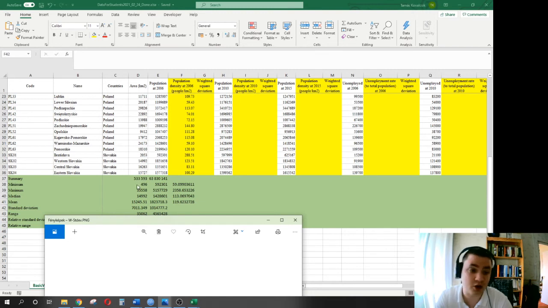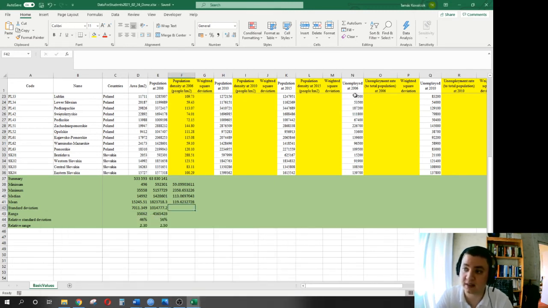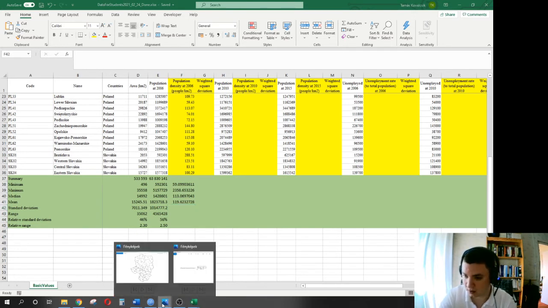So the area is the weight, in this case for population density. For example, for the unemployment rate, we divide the unemployed people by the population number. So the weight will be the population. Okay.